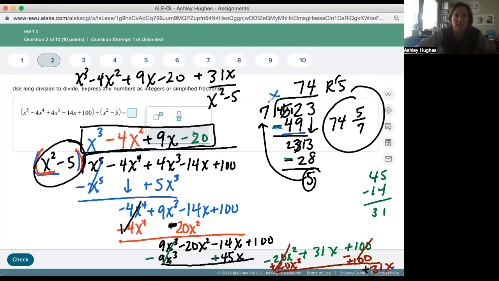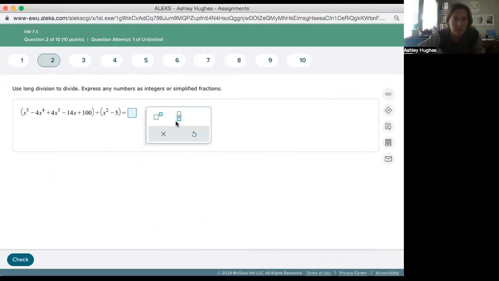I'll show you entering it in as well. I'm going to clear my work. I took an answer. So if we type that in, here. Let's see if it'll let me type it in.